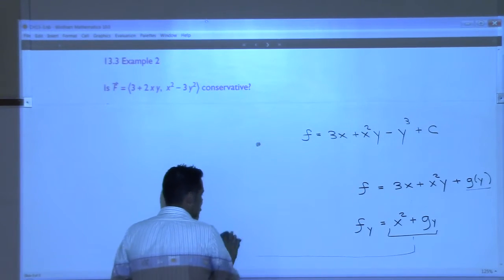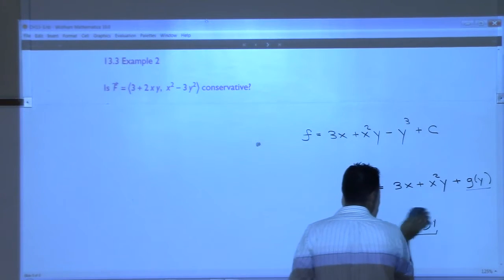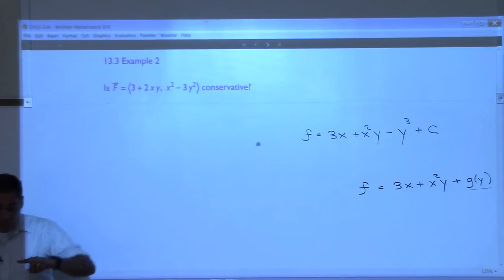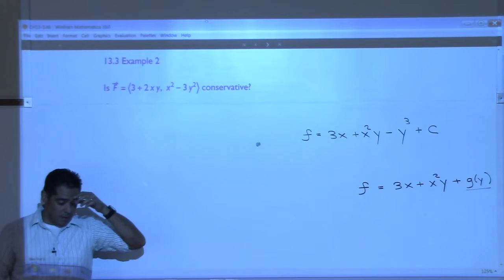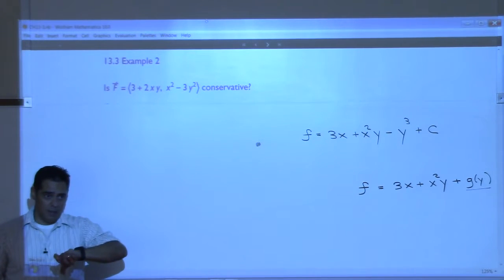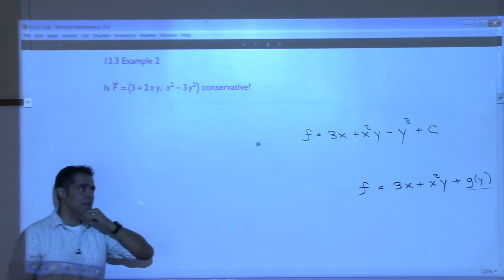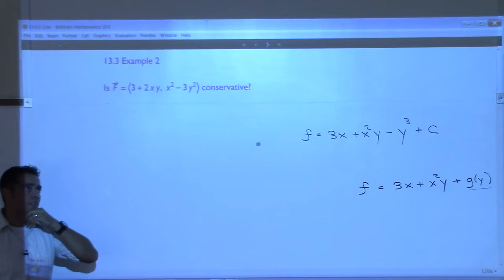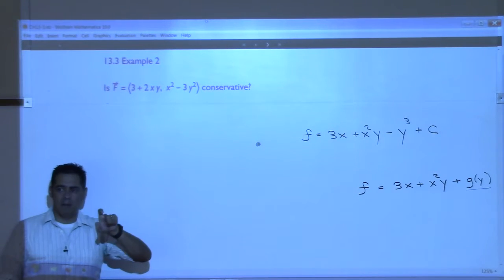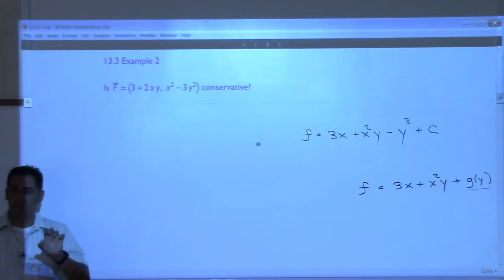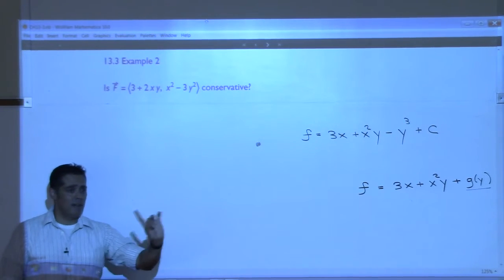So what do we have? Today we have so far that line integrals over curve C, or work, if you've got a conservative vector field, is just the potential function evaluated at the two endpoints.